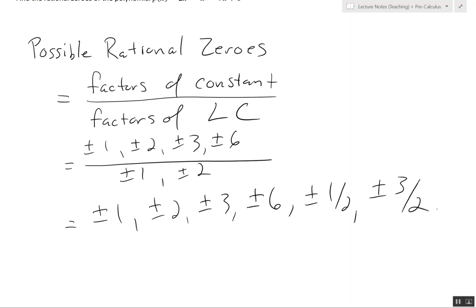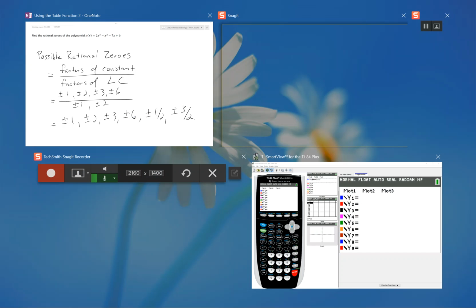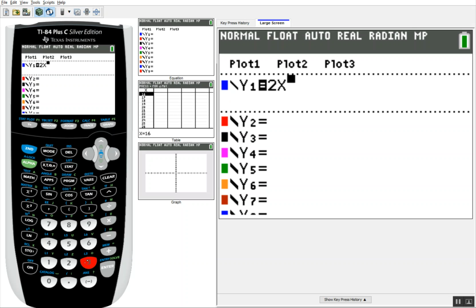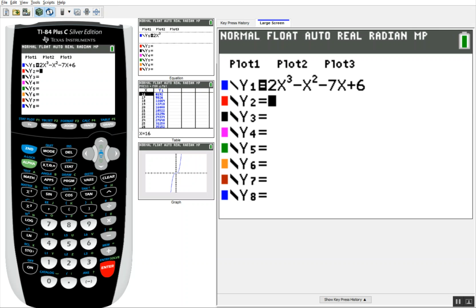So I'm going to go over to my calculator, and I'm going to punch in this equation. So this is going to be 2x cubed, and remember to bring your arrow down, minus x squared minus 7x plus 6, and I hit enter.